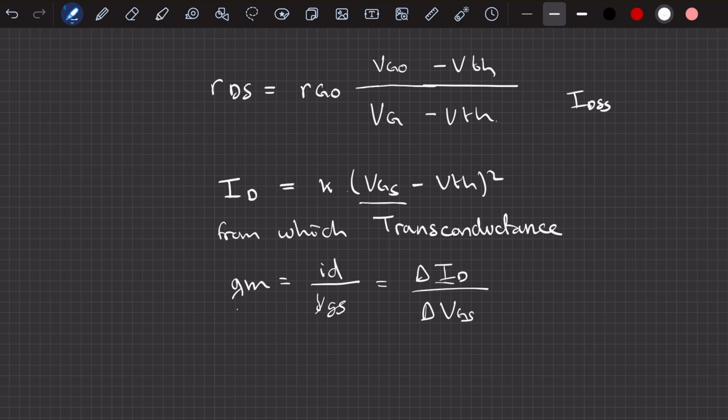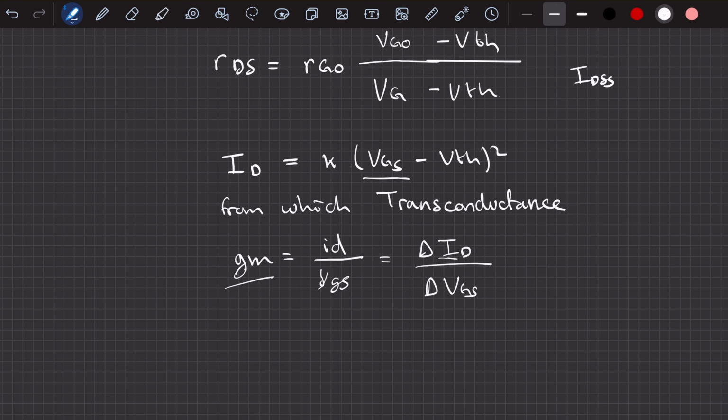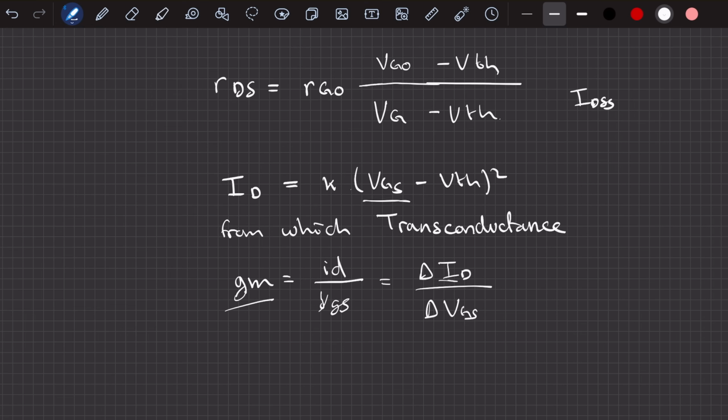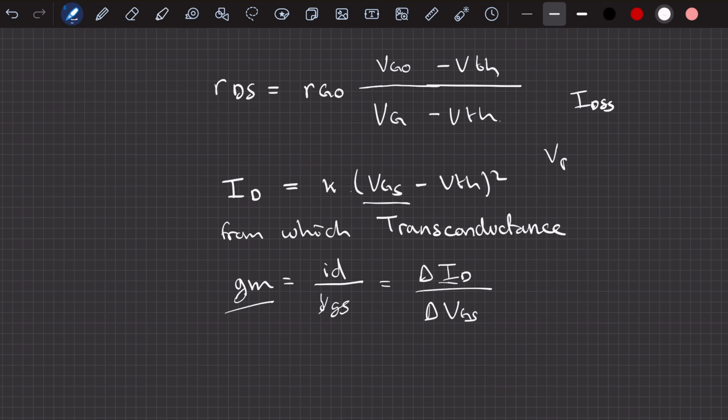GM is the transconductance. VTH is the threshold voltage. I think threshold is used more for MOSFETs, and it might be VP for JFETs. So that's basically the gate voltage where the channel cuts off, so there's no current allowed to flow except for the small leakage current.